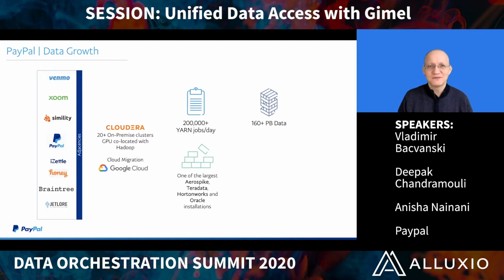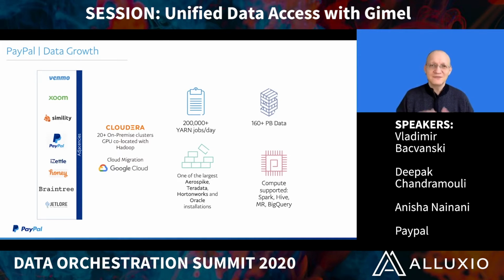And to make things even more interesting, we are in the process of migration to the public cloud. To give you some idea about the scale at which we are processing data, there are 200,000 YARN jobs a day. There are over 160 petabytes of data that we are processing. And we are running some of the largest clusters of databases in the industry, from Aerospike, Teradata, Hortonworks, and Oracle.